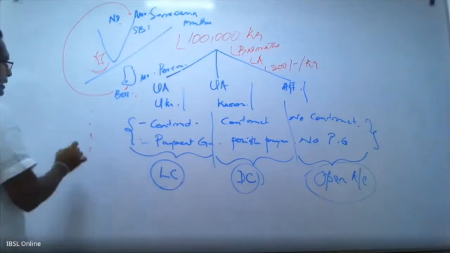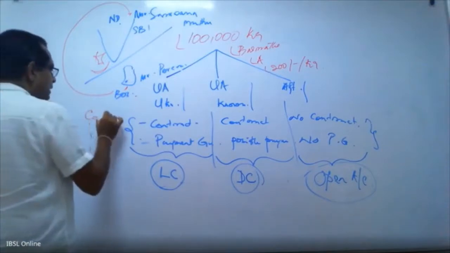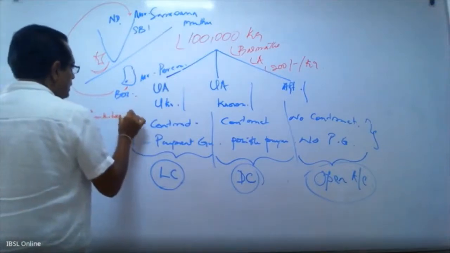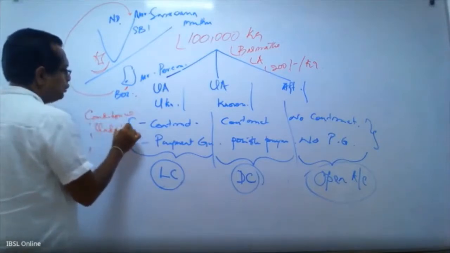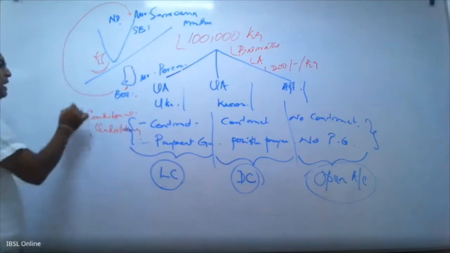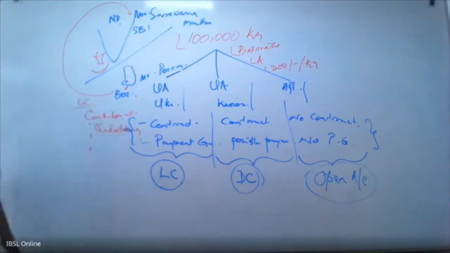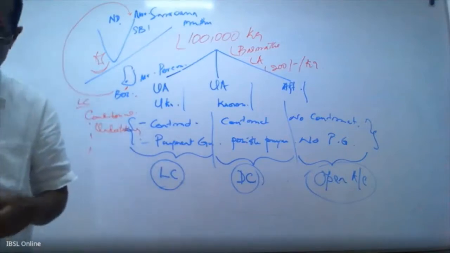So it is a conditional undertaking to pay. Letter of credit is a conditional undertaking to pay. Right?